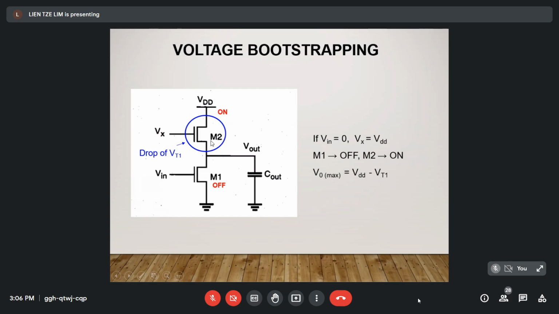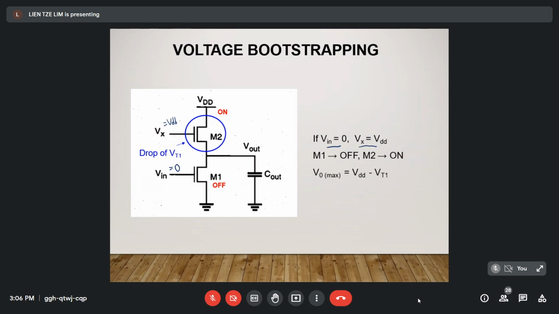You see that the conditions given are Vin equals 0 and Vx equals VDD.